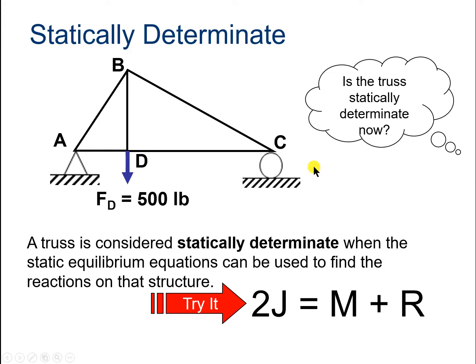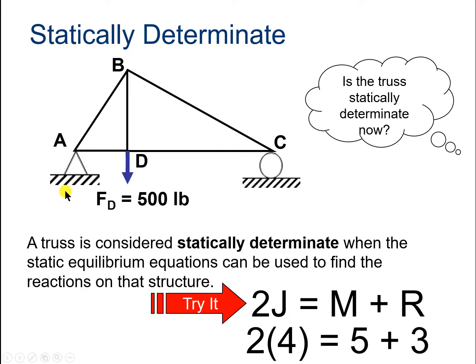However, if we relax the reaction force on the right, the supports on the right, and make it a roller, then we lose one reaction force. Formerly we had 4 here: up and down, left and right, up and down, left and right.